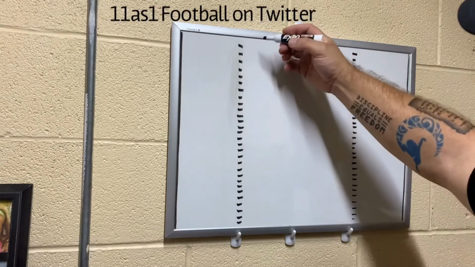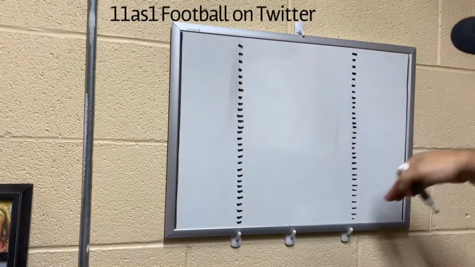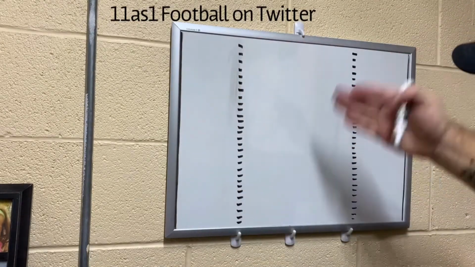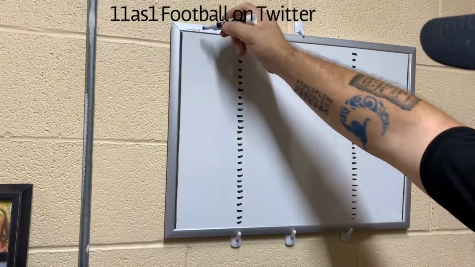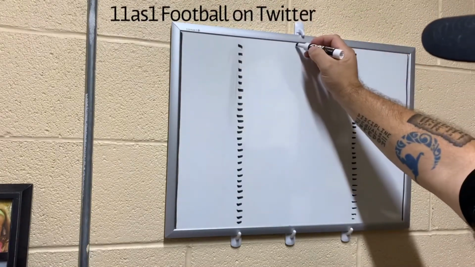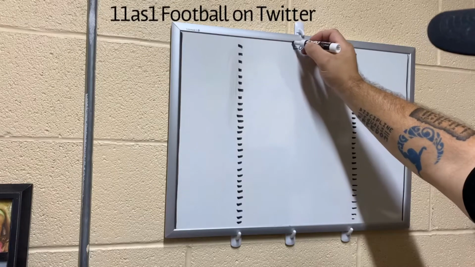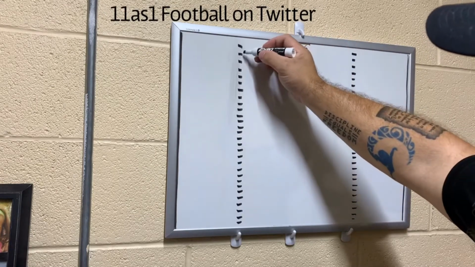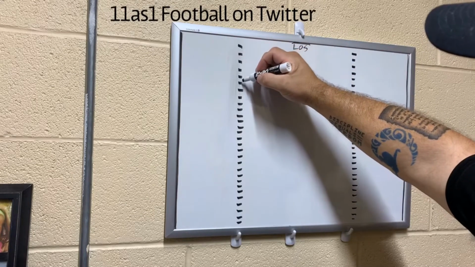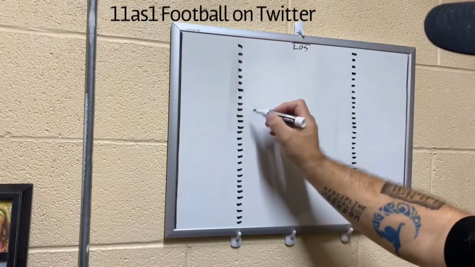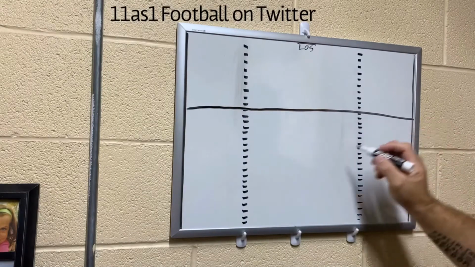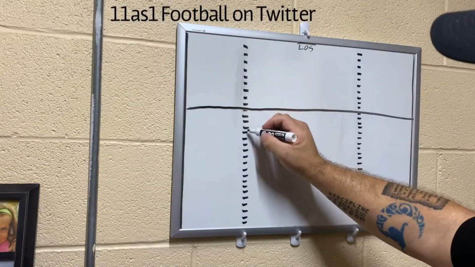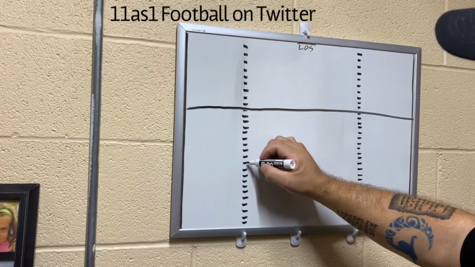So again, how we break this down, you can see we have 1, 2, 3 zones. We're going to break this into 9, so it's going to look like a tic-tac-toe board, basically. And it's every 10 yards. Imagine this is the line of scrimmage up here. So that's the ball right there. So we're going 1, 2, 3, 4, 5 yards, 6, 7, 8, 9, 10. 10-yard line here, we're going another 10. 1, 2, 3, 4, 5, 6, 7, 8, 9, 10.